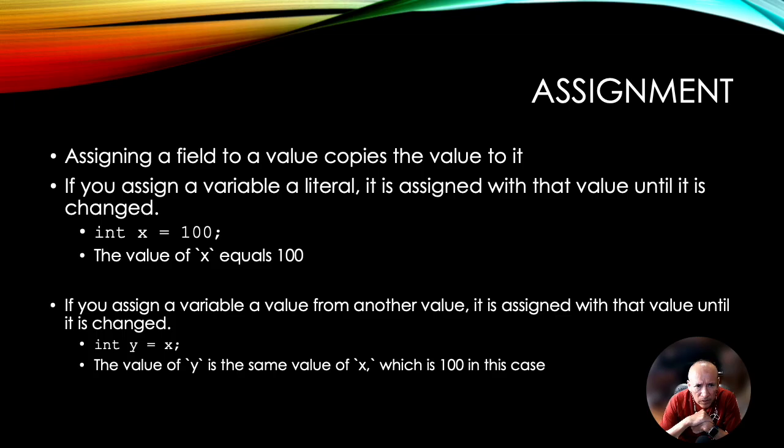There's one here: int x equals 100, x now equals 100. As I was saying, you can also assign a field variable from another variable. For example, int y equals whatever x is. So in both of these instances, you are assigning a value to a variable, and the assignment is done with the equal sign, which is probably not surprising.